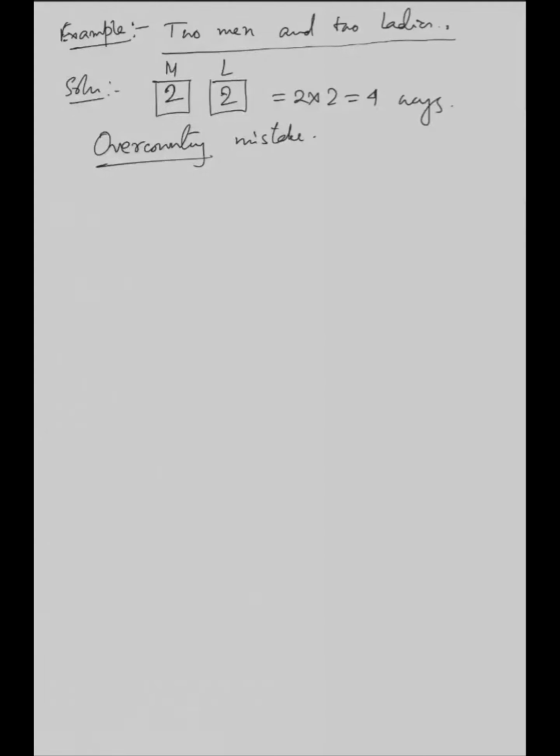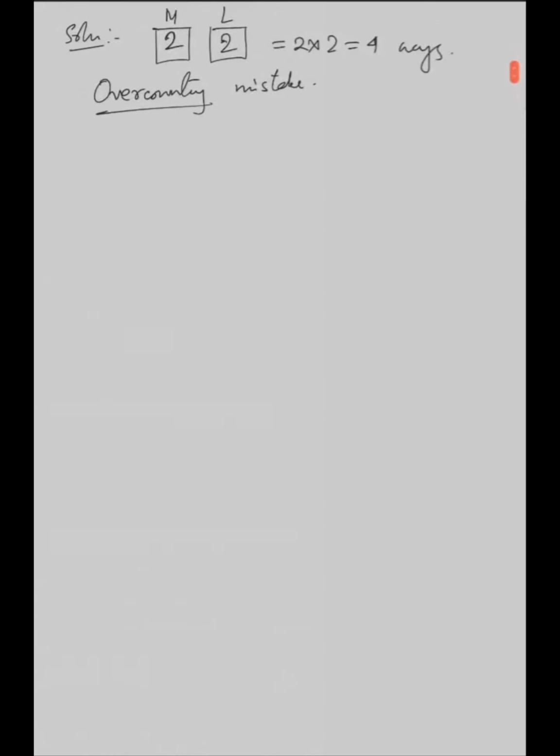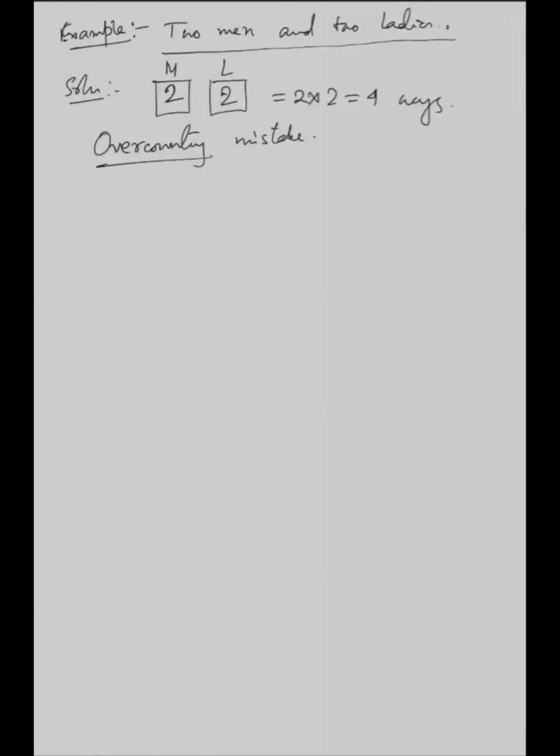Why? Simply see the mistake. To understand the mistake, we name the men and the women. Suppose the names of the men are Rahul and Sujoy, and the names of the ladies are Neela and Rima.